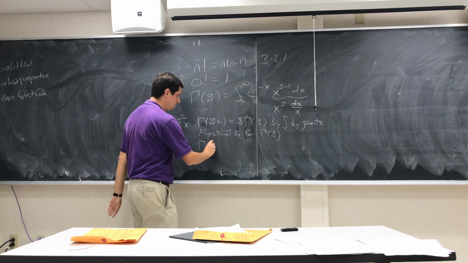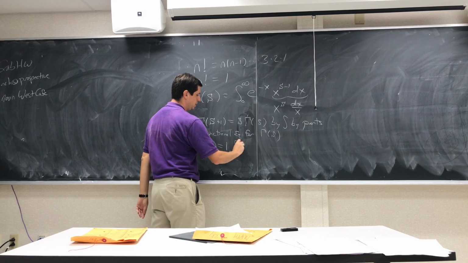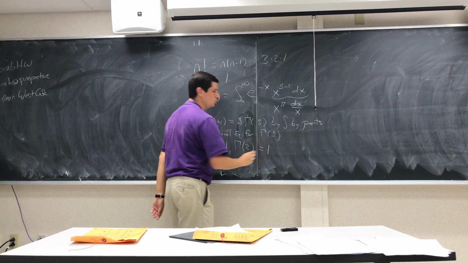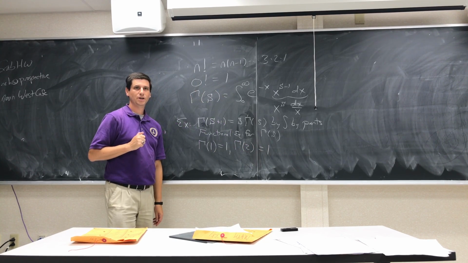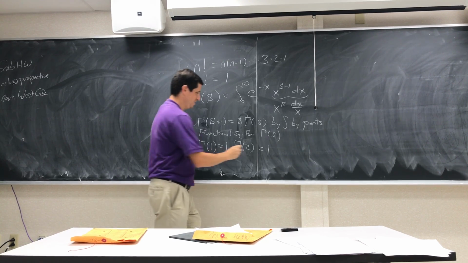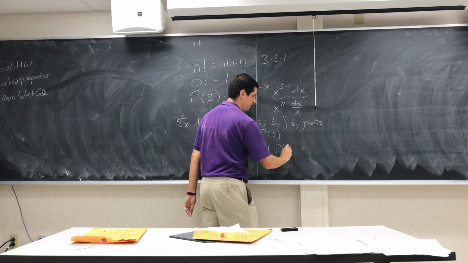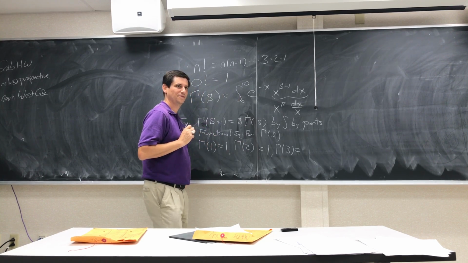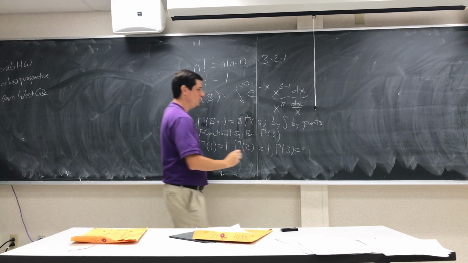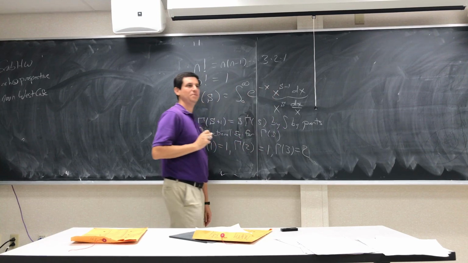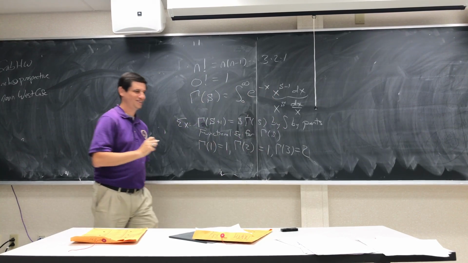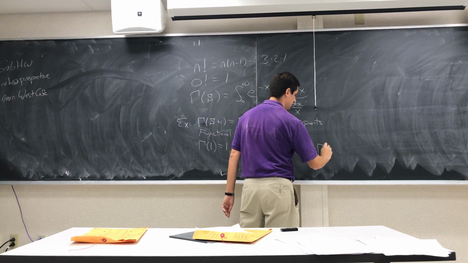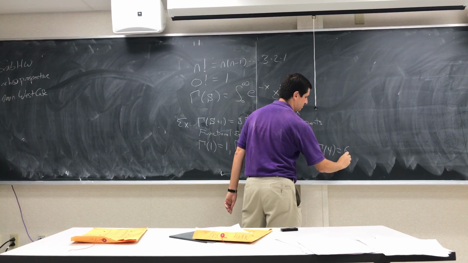1. So you get gamma of 1 is 1, gamma of 2 is also 1. You might begin to think that maybe it's always 1. Then you get gamma of 3 is not 1, turns out to be 2. So you might be thinking maybe it's the Fibonacci numbers. And then you get gamma of 4 is 6.